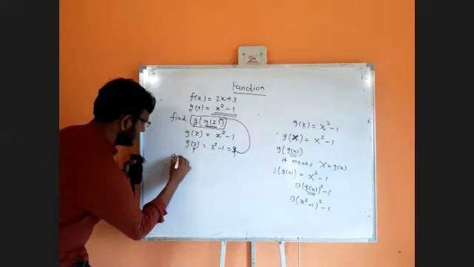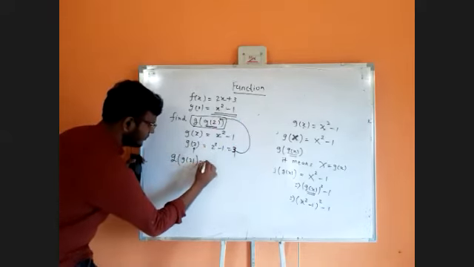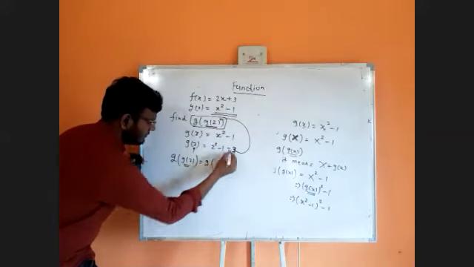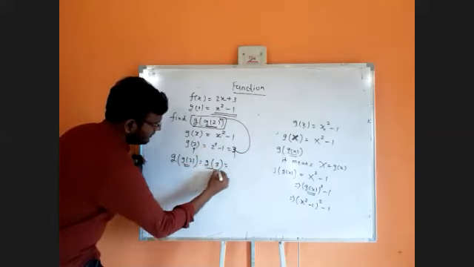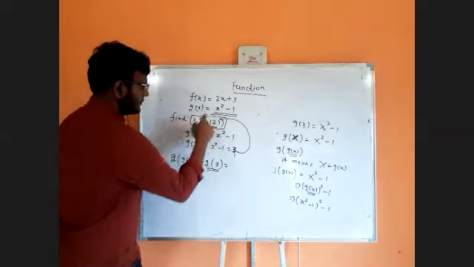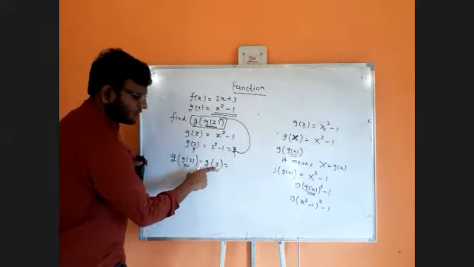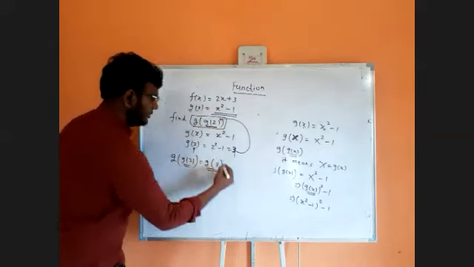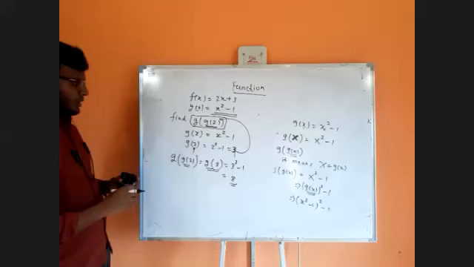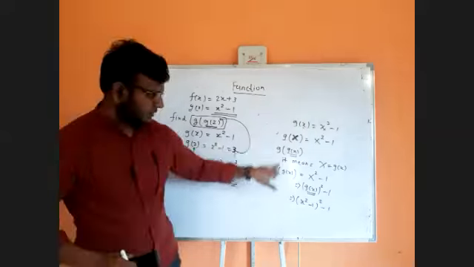So in other words, I have to find g of 2, which is 3. It means I have to find g of 3. Now this is a normal value, so I can directly put 3 over here. That's what I did over here as well.